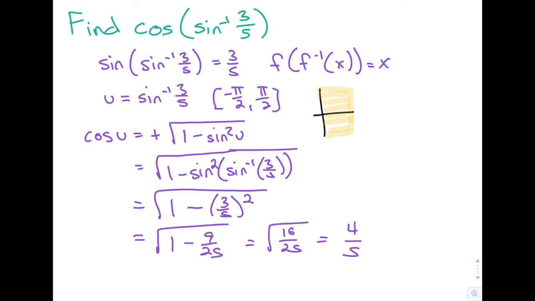So two different approaches, same solution. In the first approach, we let that angle be part of a triangle. In the second solution, we use the fact that sine of sine inverse is easy to solve for. Both approaches are equivalent, and you should feel free to use either depending on the context.